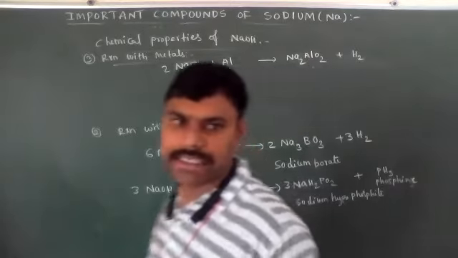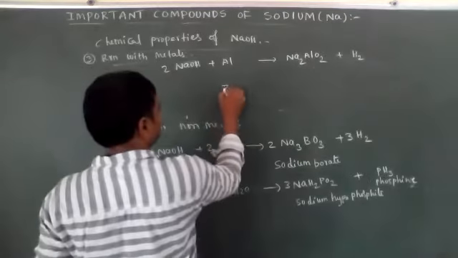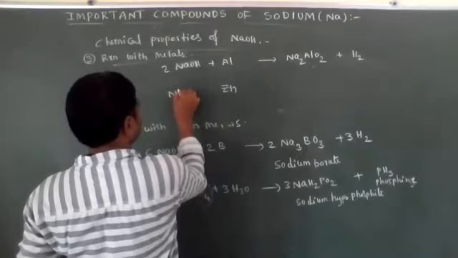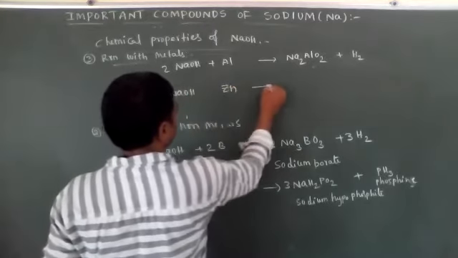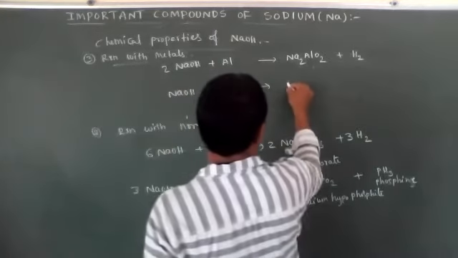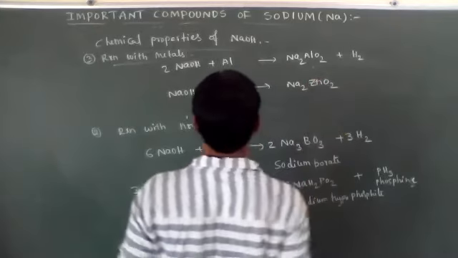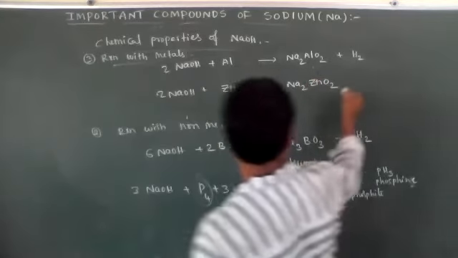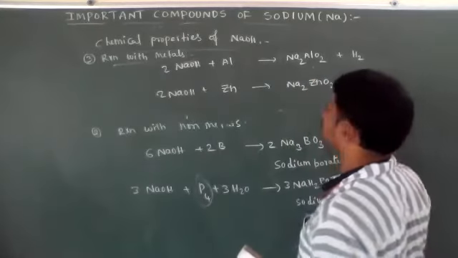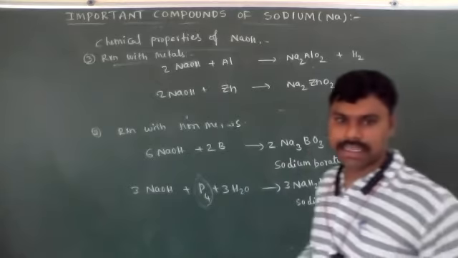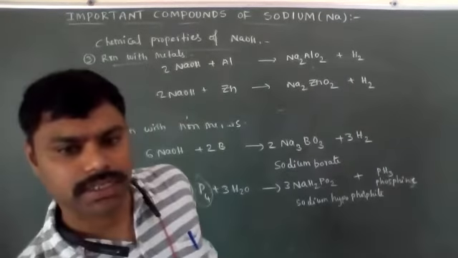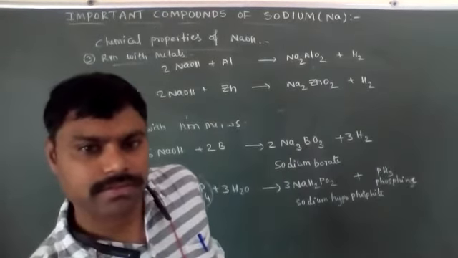Next, reaction with zinc. Sodium hydroxide reacts with zinc metal to form sodium zincate, Na2ZnO2, and releases hydrogen gas. Okay, students, listen carefully.